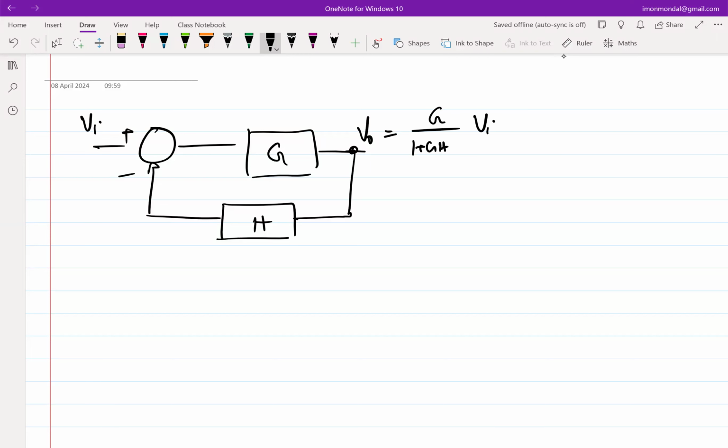And if G tends to infinity, then, okay, before I put G tends to infinity, let me express this in another form. So V0 over Vi is G by 1 plus GH.